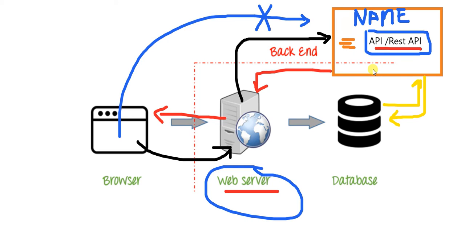One more thing that you can do with the API: you can develop the JSON data. API always provides the data in JSON format.